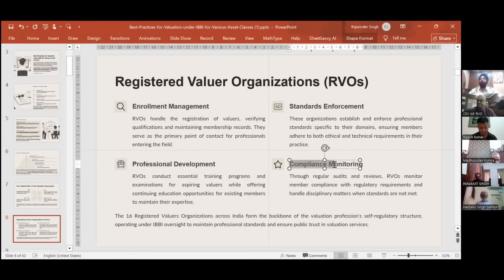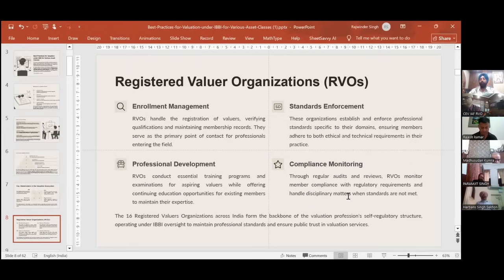compliance of IBBI regulations. So the work of the RVO is monitoring compliance. Through regular audits and reviews, RVOs monitor members' compliance with regulatory requirements and handle disciplinary matters when standards are not met.